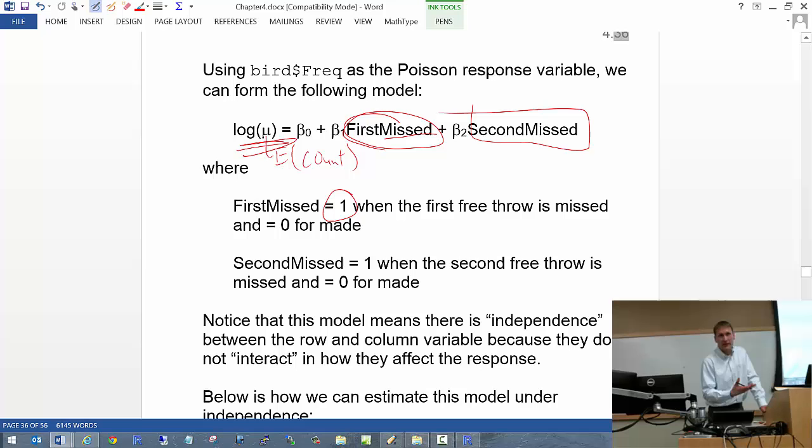It might be better to think of it this way: the effect of the second free throw attempt on the response is not affected at all by the first, because there's no interaction in the model. So this is actually a model under independence. If I want a model under dependence, I find the interaction term between these two indicator variables and also add a beta 3.